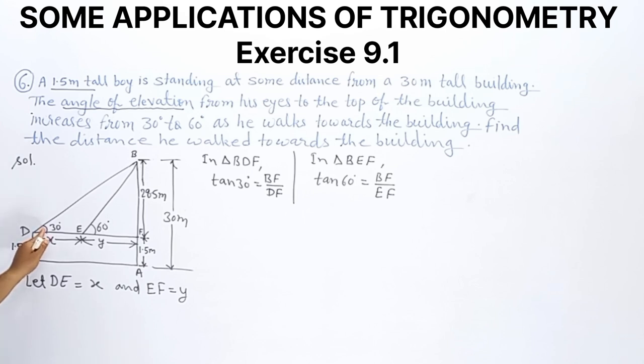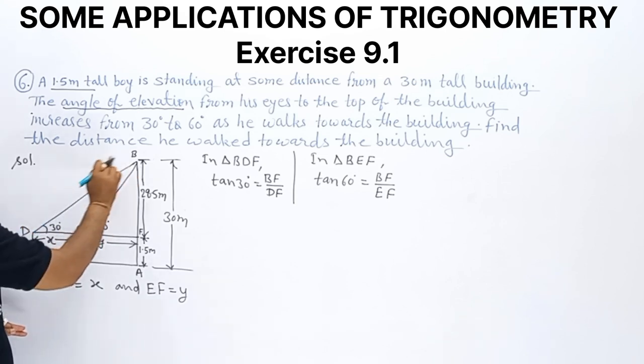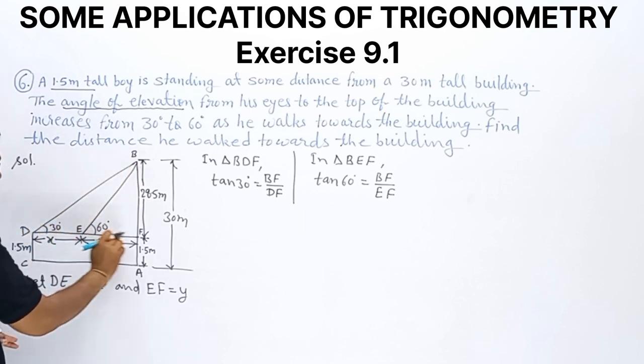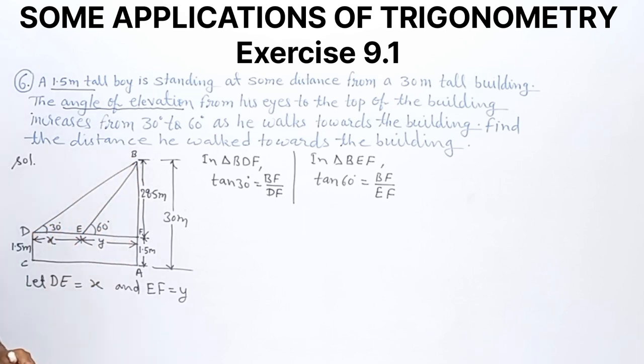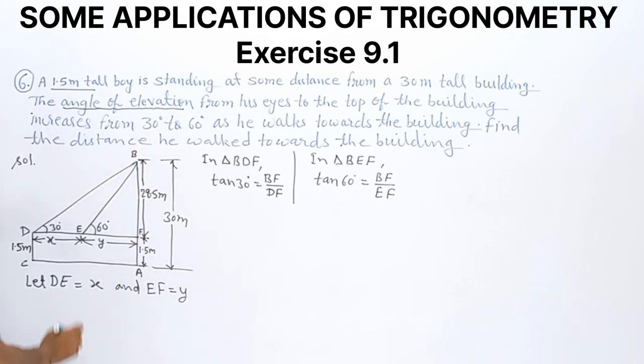Angle of elevation means once we raise our head and observe that point, the angle made with this base is the angle of elevation. Now this boy walks towards the building at some distance, let this be the point.